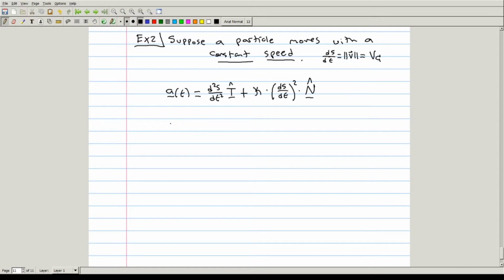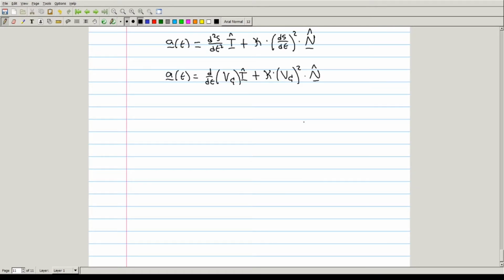So if this is constant, that means that the tangential acceleration is the second derivative of arc length, or the first derivative of ds/dt, but ds/dt is a constant. And the derivative of a constant is 0.